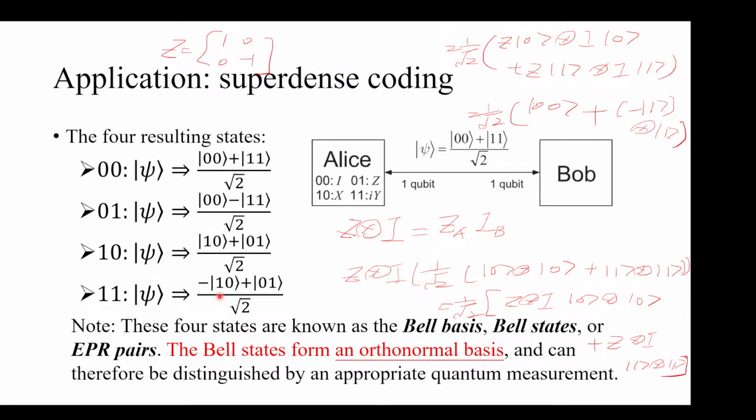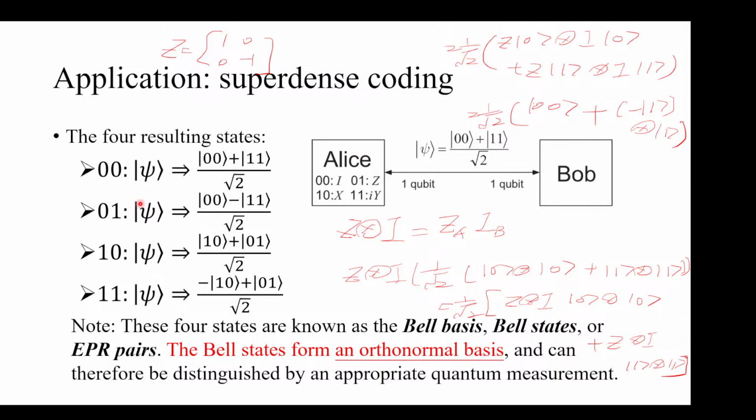We know that's totally fine because a 2-qubit state is a 4-dimensional state, so it has a basis of 4 orthonormal states. Once Alice turns the shared entangled state into one of the 4 possible Bell basis states, Alice just sends her qubit to Bob, and Bob will have one of those 4 states. Bob can distinguish which one he actually gets because they are all orthogonal to each other, so they are perfectly distinguishable.